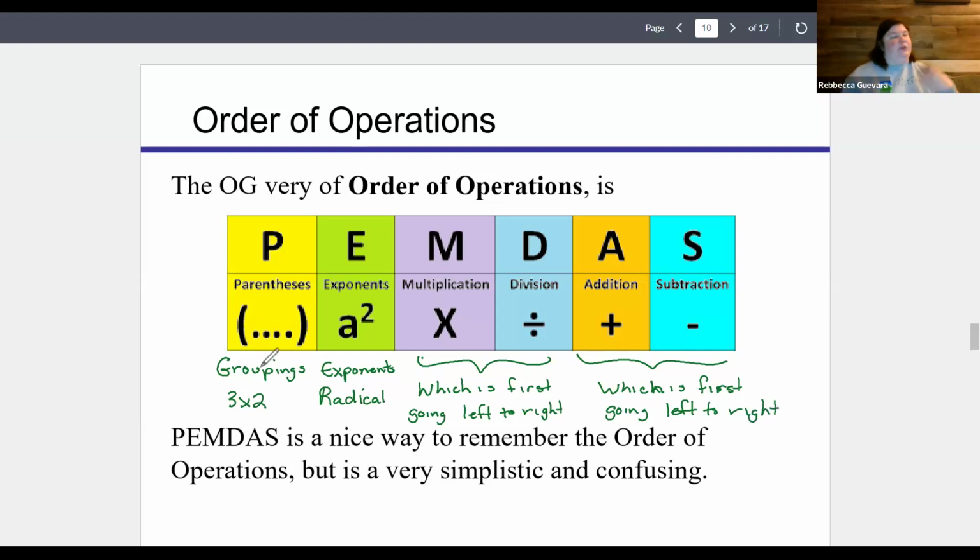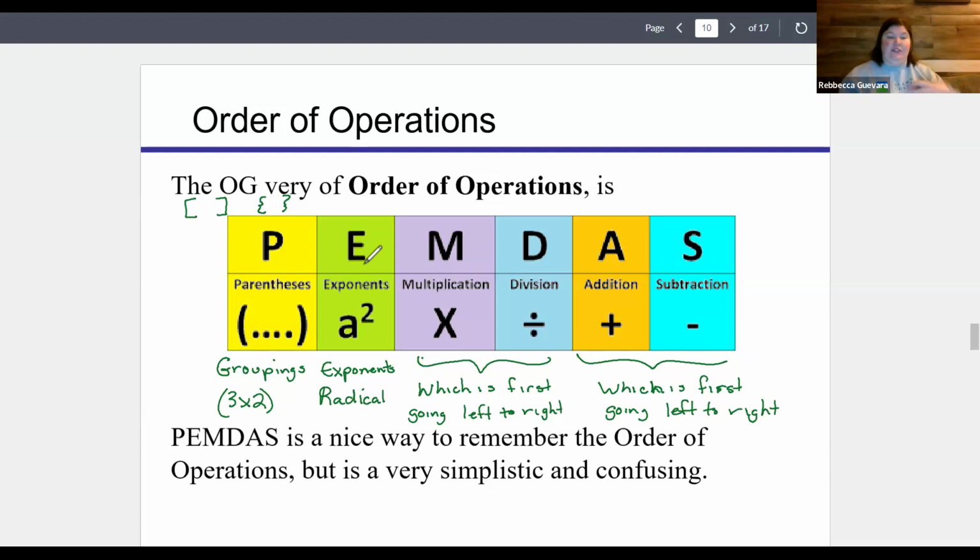So really what your order of operations are is you do groupings first. Like I said, you're looking for parentheses with numbers and an operator. It could also be brackets, because we will use brackets. And then these are called set brackets. Sometimes we use those as well when we're trying to nest things.